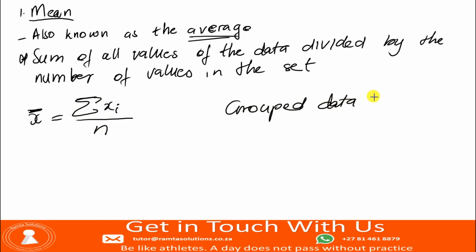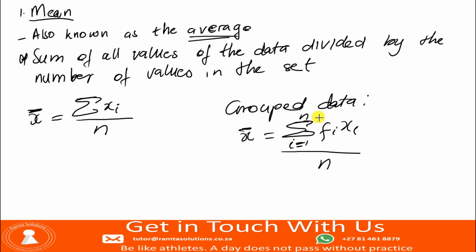Now for grouped data, your mean is the sum from i equals 1 to n, over n. It is basically the frequency of whatever entry you're looking at multiplied by the value that you're looking at, all over the number of values in the set.